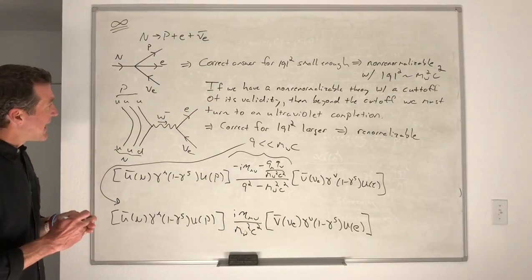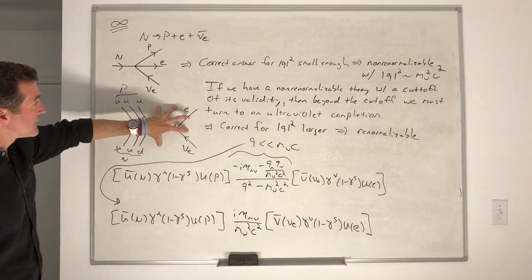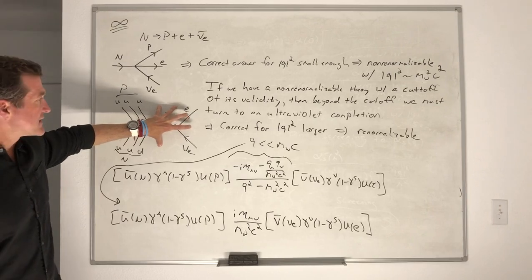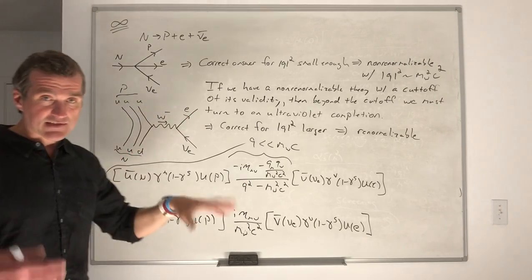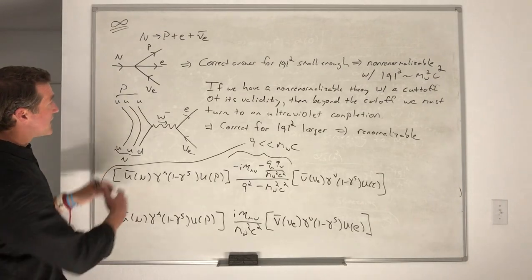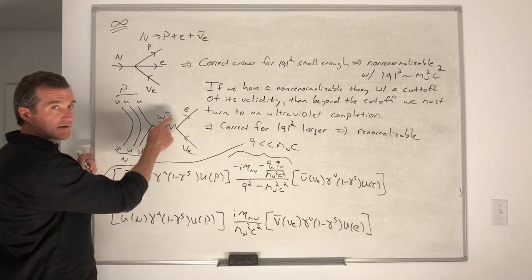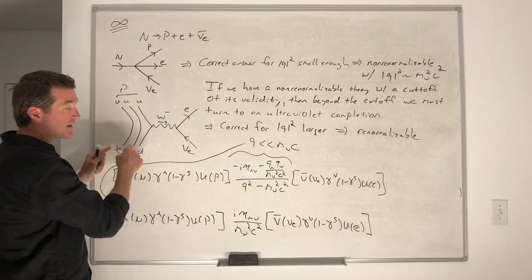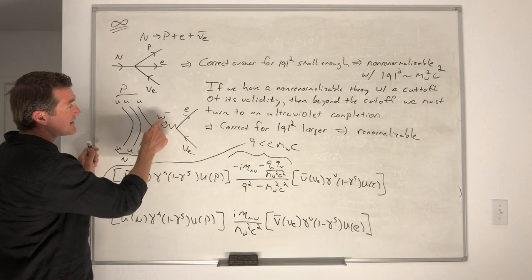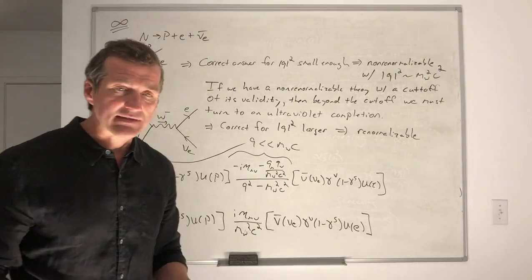We could say, if I have a theory which is good at all energy scales, but I consider processes where the energy scale is much lower than the energy scale associated with some aspect of the process, in this case the mass of W, then I could take this description, and as long as the energies being exchanged are much smaller than W, still larger than the energies of the proton, the neutron, the electron, neutrino, I can replace this description with this. That's called integrating out the massive degrees of freedom.